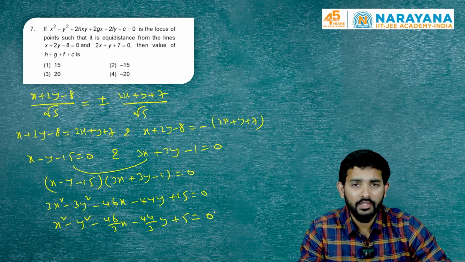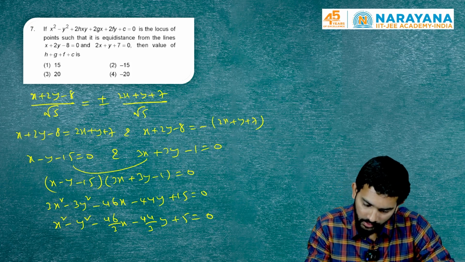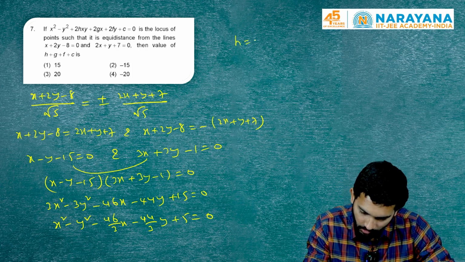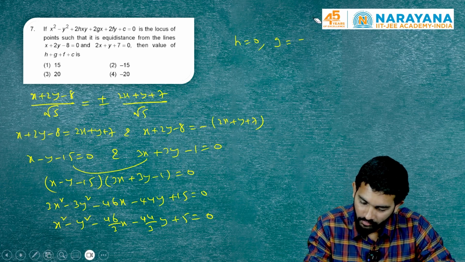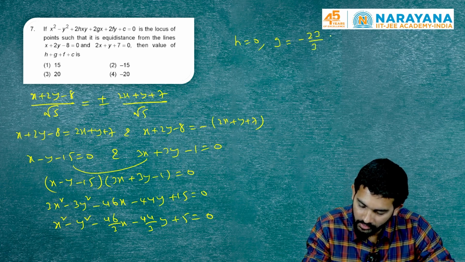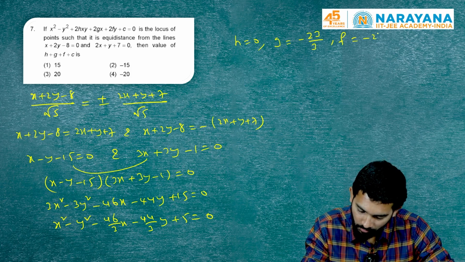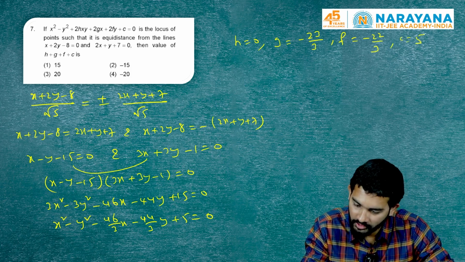Now if you compare this with the given equation, what we are getting here, h is equal to 0, g is equal to minus 23 by 3, and f is equal to minus 22 by 3, and c is equal to 5.